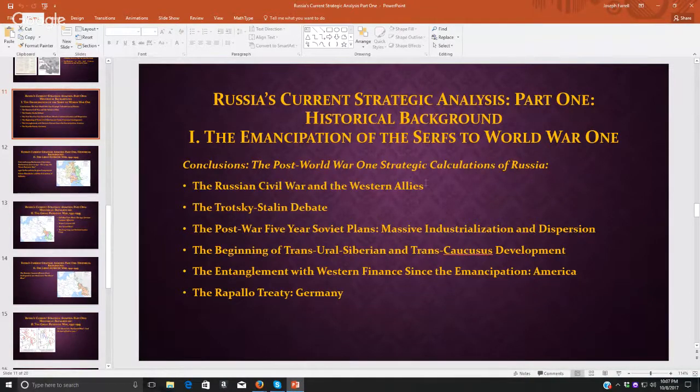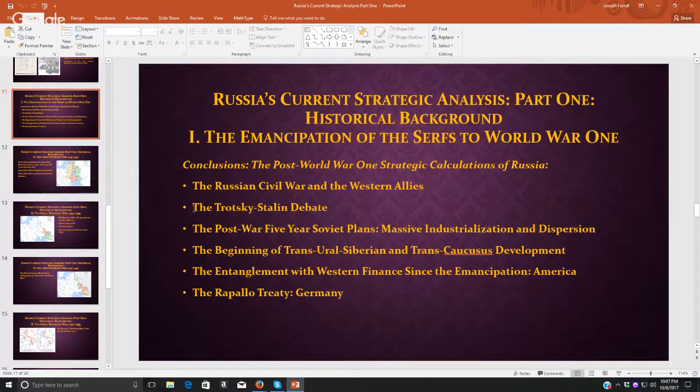But the other thing is the white forces were supported by the Western Allies, who simply more or less sent in troops to replace the German and Austrian troops in the occupied areas that were ceded under the Treaty of Brest-Litovsk. So the Western Allies, Great Britain, France, the United States, and even Japan, all sent troops into Russia during the Russian Civil War. So this, again, becomes part of the crisis in the strategic calculation and thinking of the Russians after World War I.